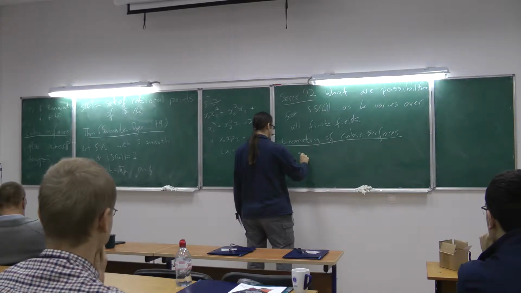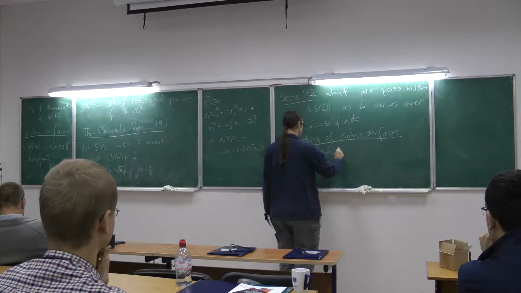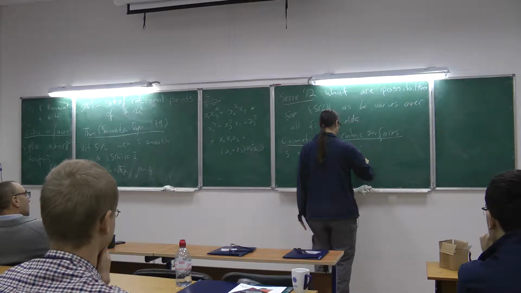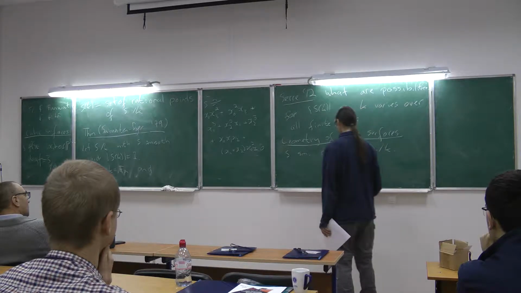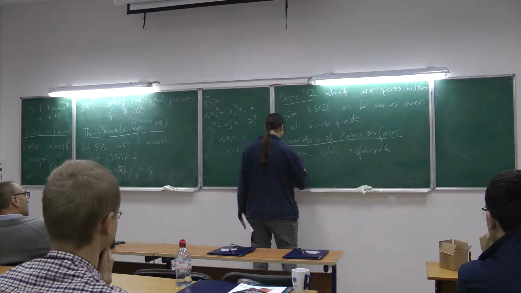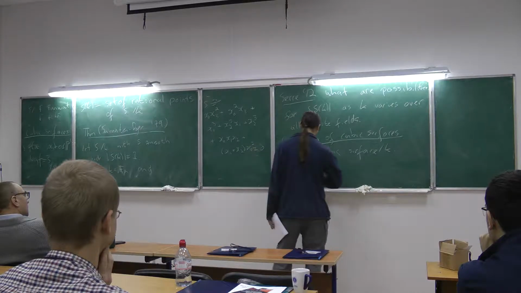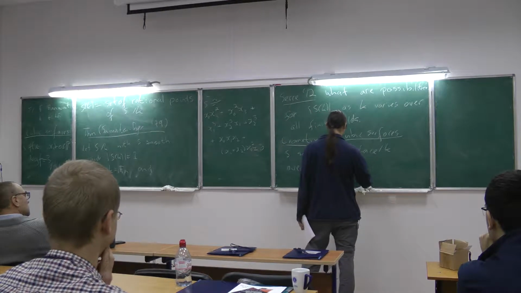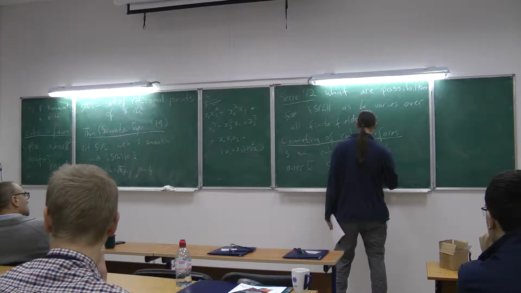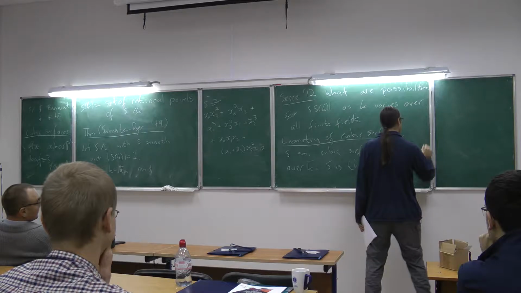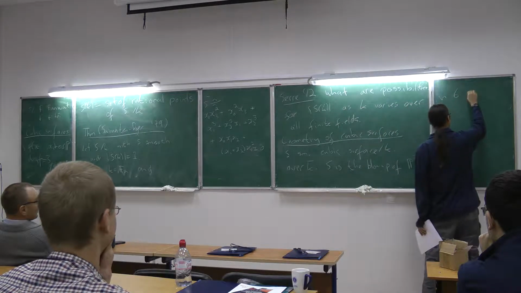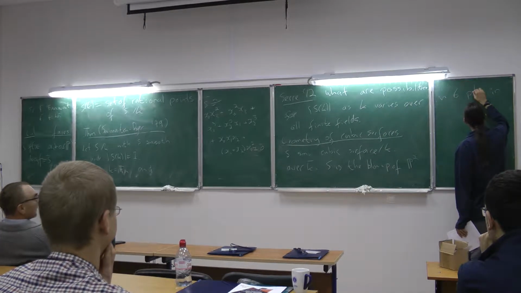So S is a smooth cubic surface over a field K. Over the algebraic closure, S is a blow-up of P2 in 6 points in general position.